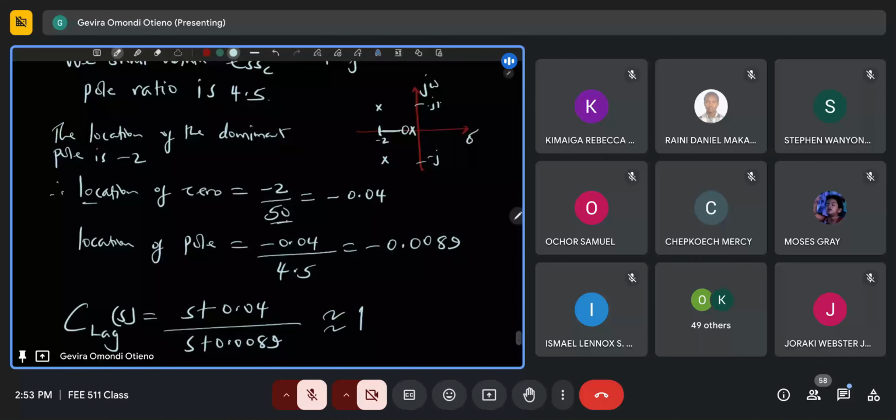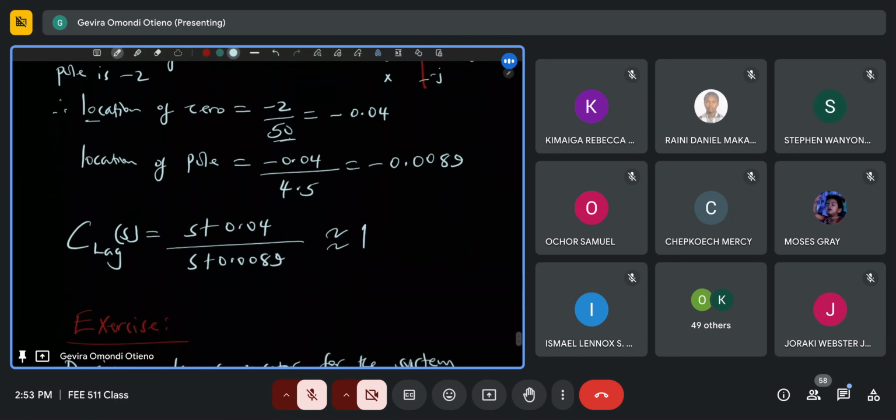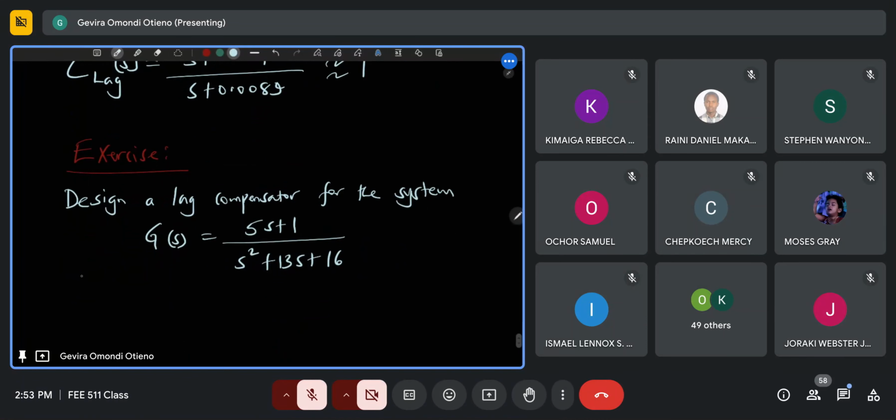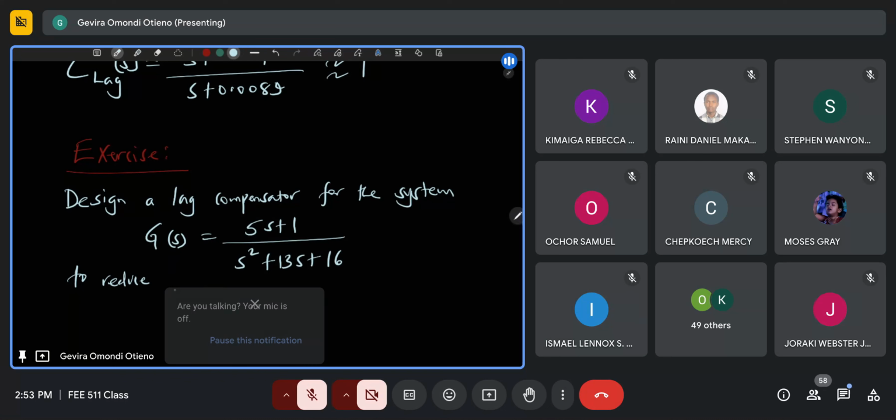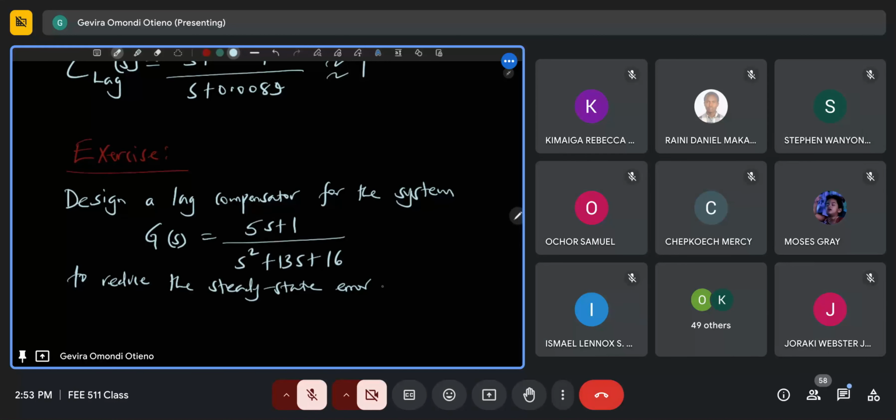Design a lag compensator for that system to reduce the steady state error to 0.05.